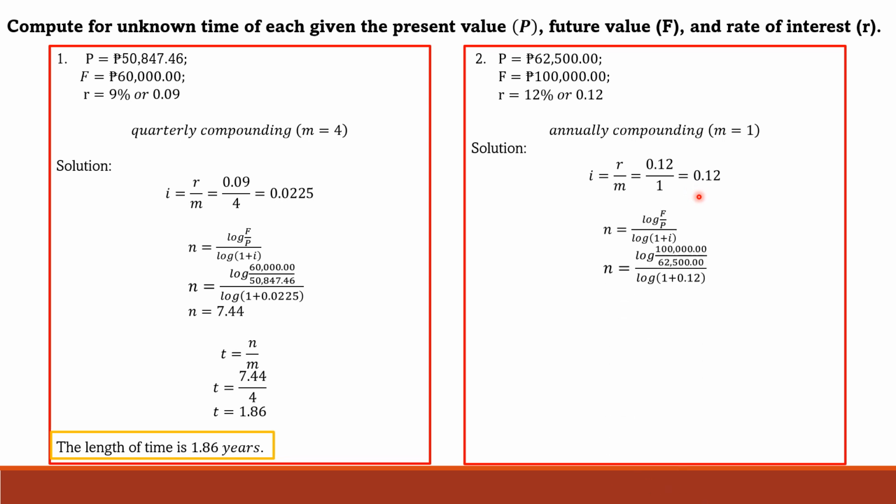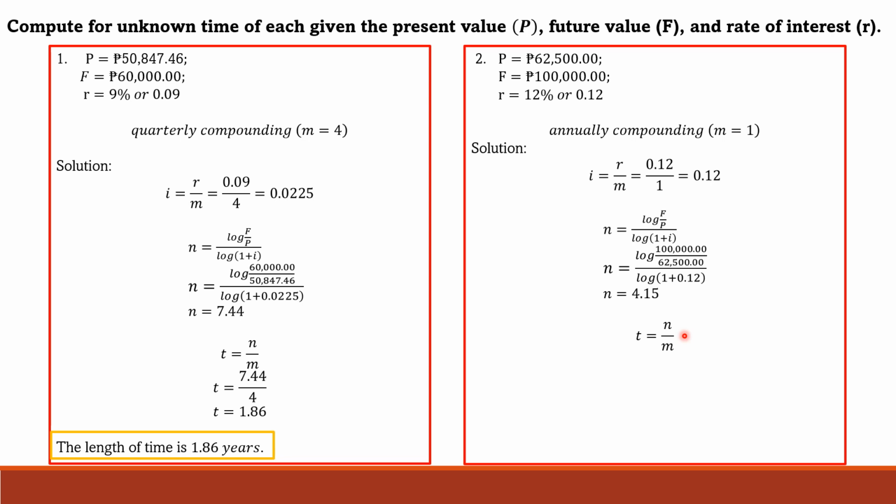Then, we'll substitute that in our formula to compute for N. Now, we have the final amount, 100,000. And ang ating present value, 62,500. Divided by logarithm of 1 plus. Ang I natin is 0.12. So, the value of N is 4.15.